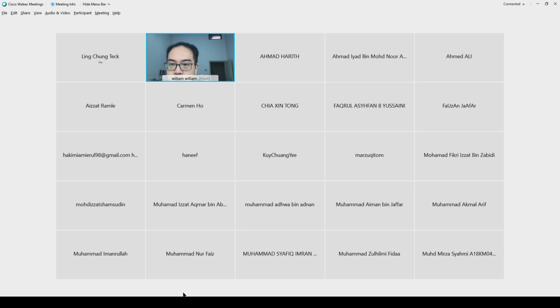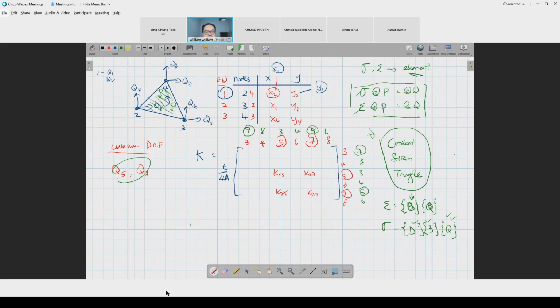If there is no value given, there are two ways to do it. One is you assign a large value or a small value. You can make an assumption, but usually I would say just don't make an assumption.